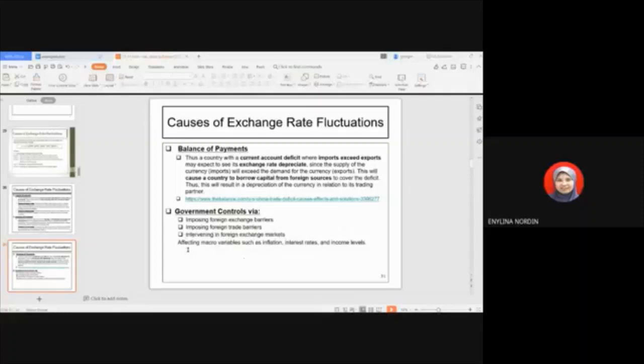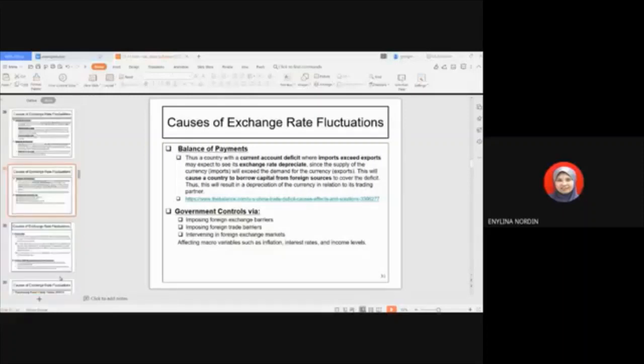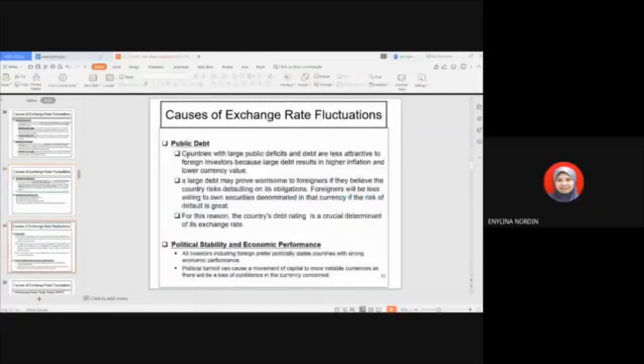This will affect macro variables such as inflation, interest rate, and also the income level.